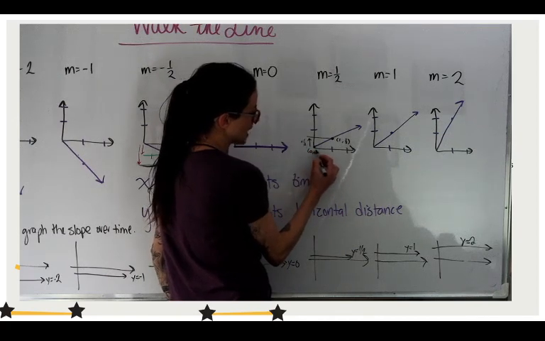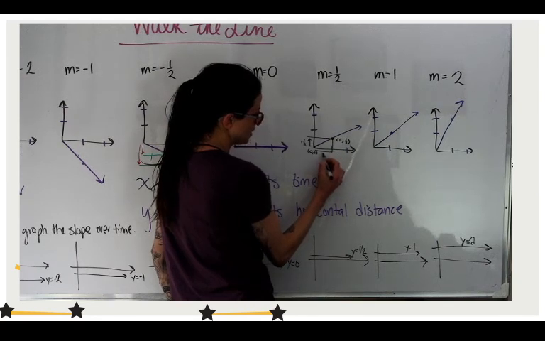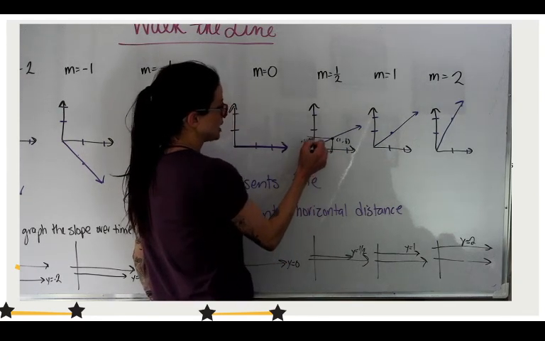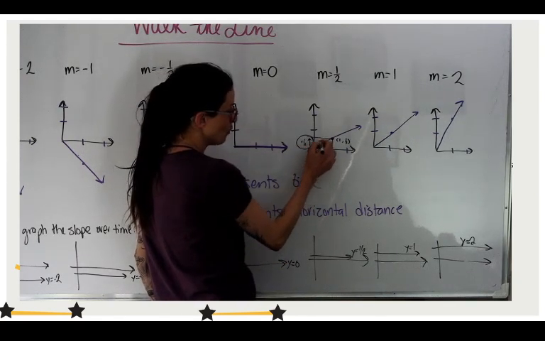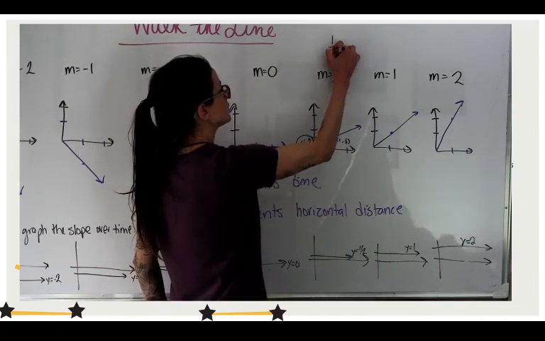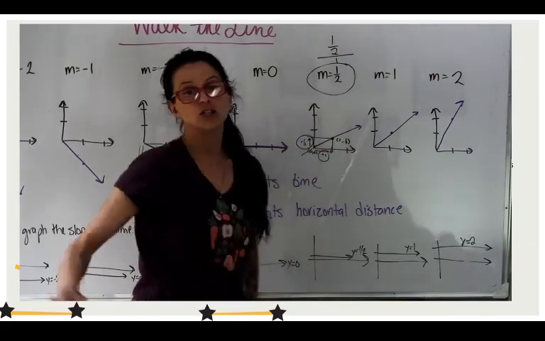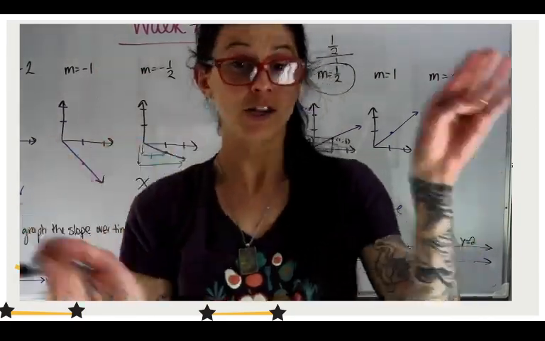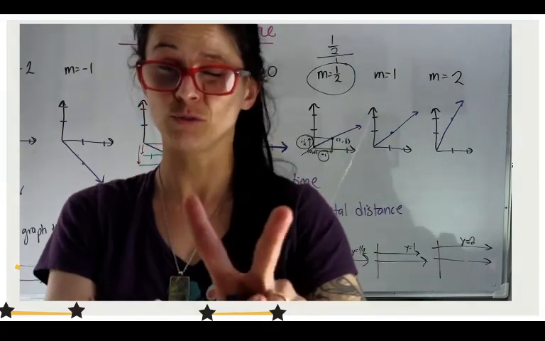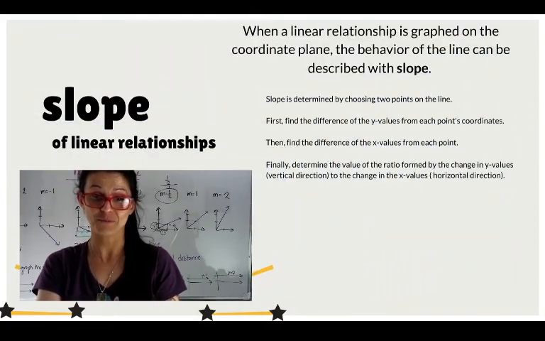And then I look at the x values. x is changing by an increase of 1. So it's the change in y values over the change in x values. So 1/2 divided by 1 is in fact 1/2. So you're finding the difference in the y values and putting them over the difference in the x values from 2 coordinate points on a line graphed on the coordinate plane.